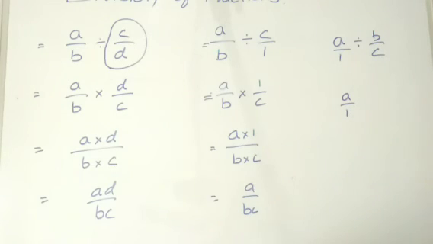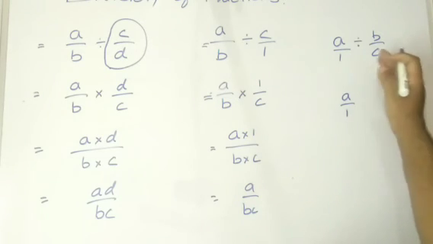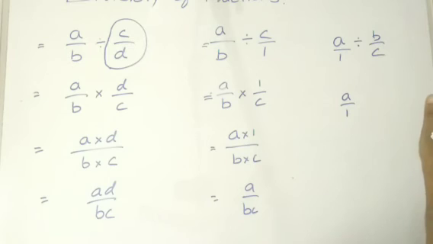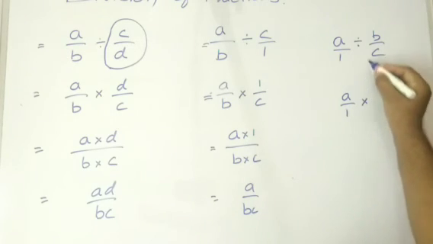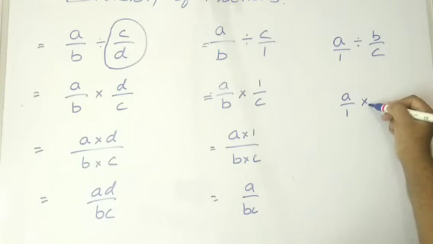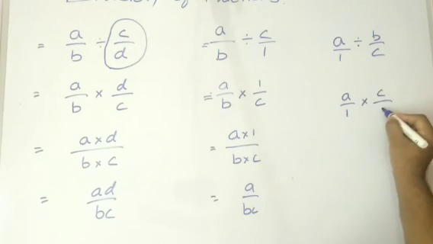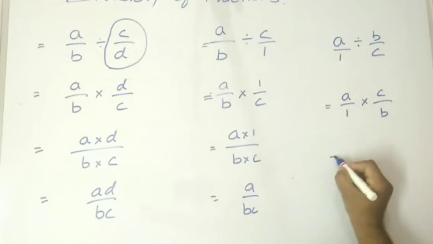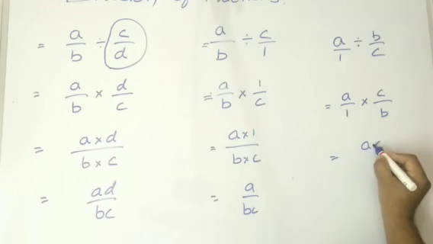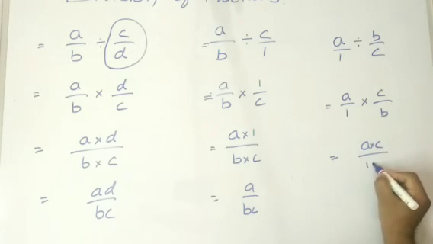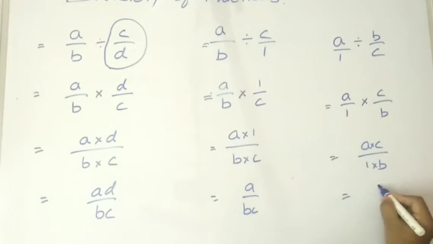So our rule is only division afterwards. Next one for the division, that for our hand it's the right side one. For the division right side one, what is there? That one we want to make a reciprocal. See here the division symbol becomes into. Now c by b. Now it's a into c by 1 into b. Now it becomes ac by b. I think everybody got an idea.